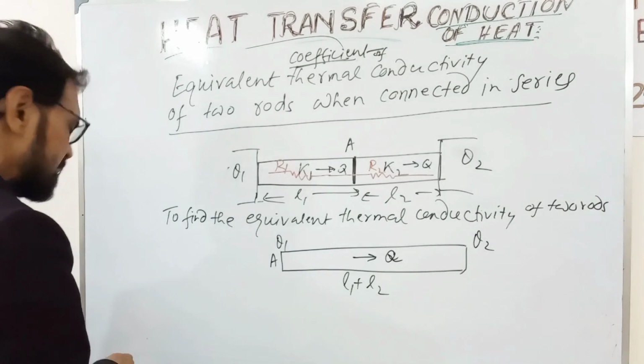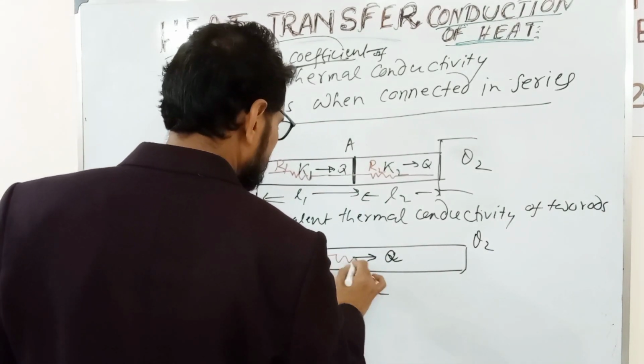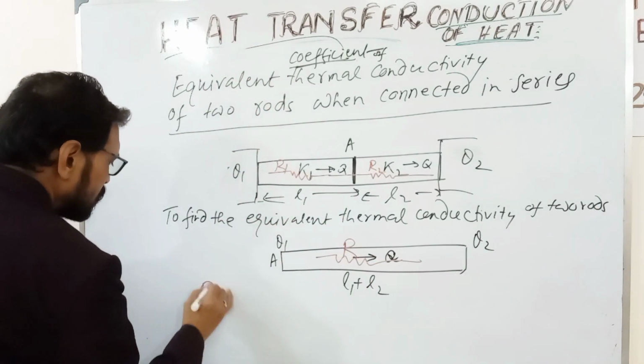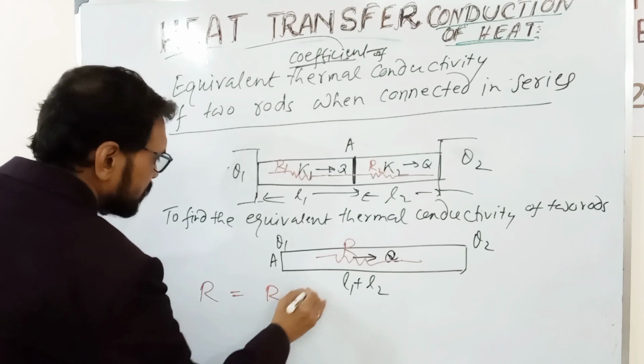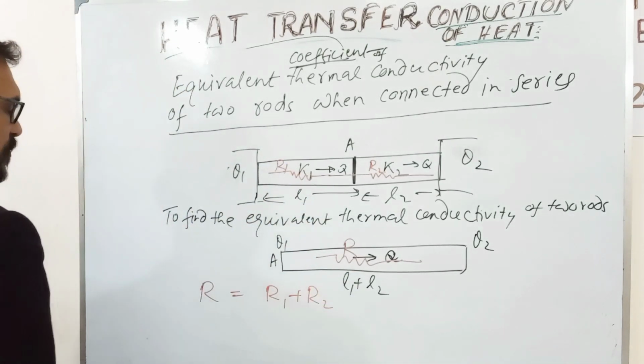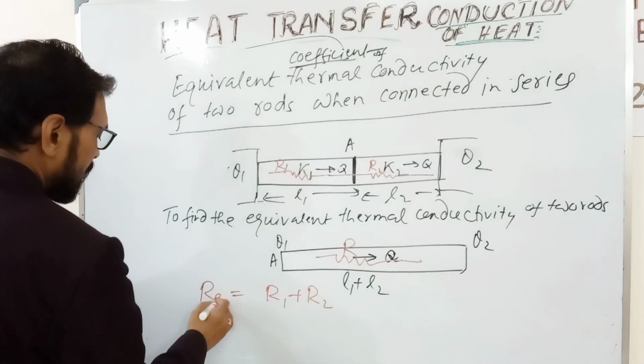So if the resistance of this rod is R, then by similarity with electric resistance, R equals R1 plus R2.